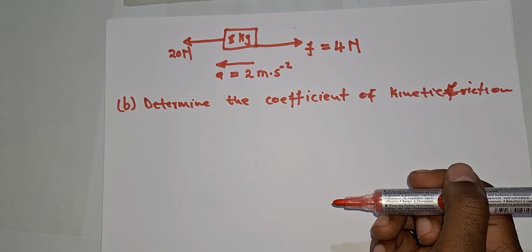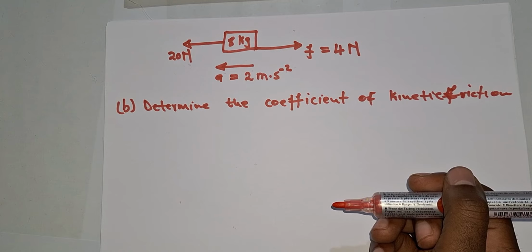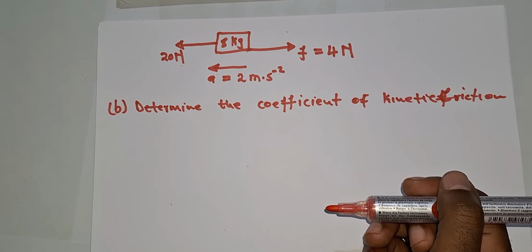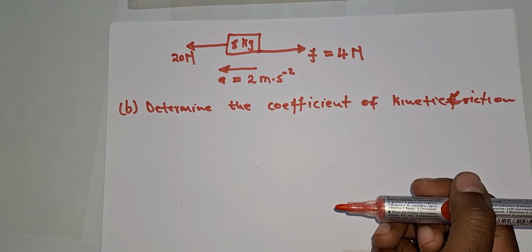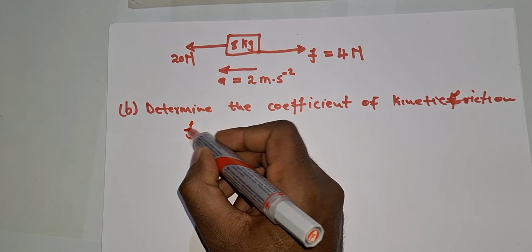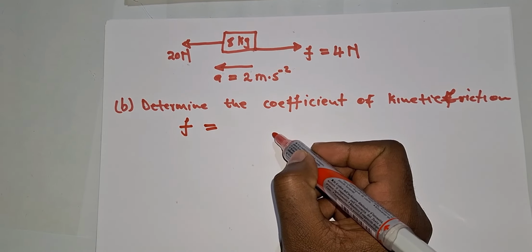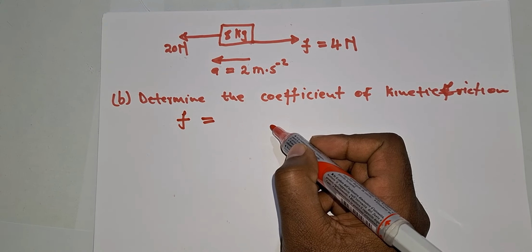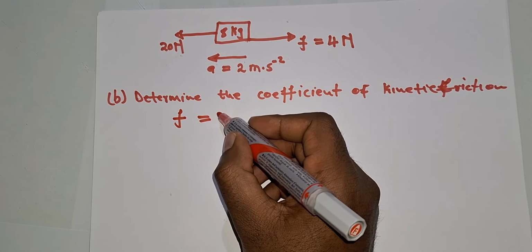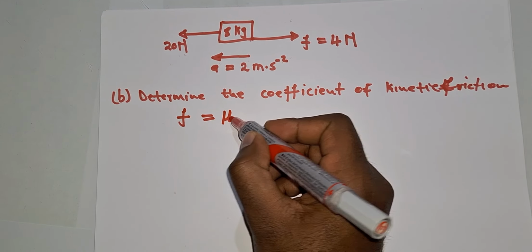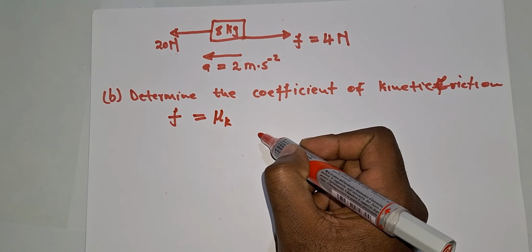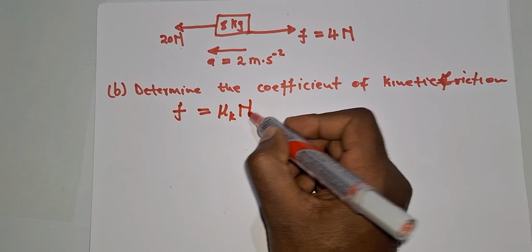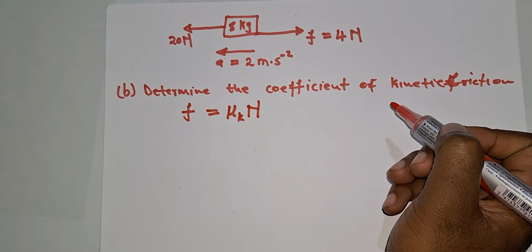we have to first know the equation that determines the coefficient of kinetic friction. The equation says the frictional force experienced by the object is equal to the coefficient of kinetic friction multiplied by the normal force.